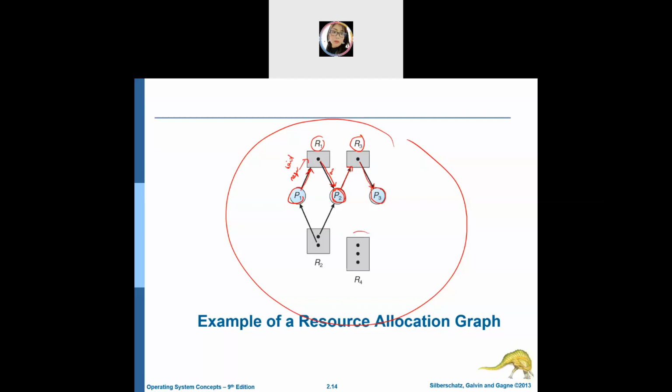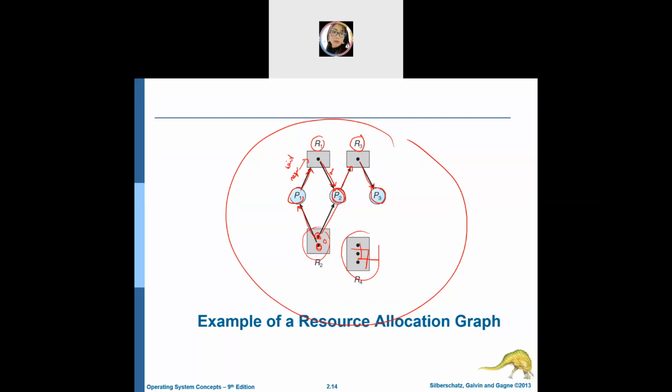And there is another resource, but this resource is not dealing with anything, so you just ignore it. Another resource is owned by P2 and P1. Why? Because it has two instances. Please remember that when you have two instances, it can be owned by two processes.